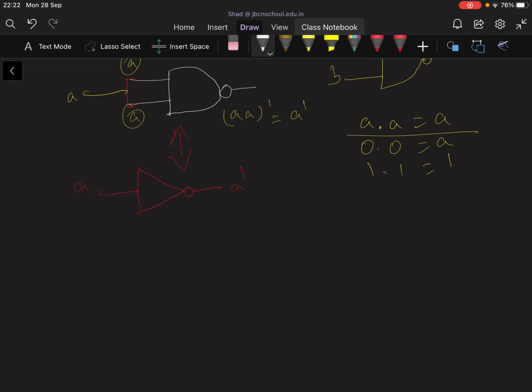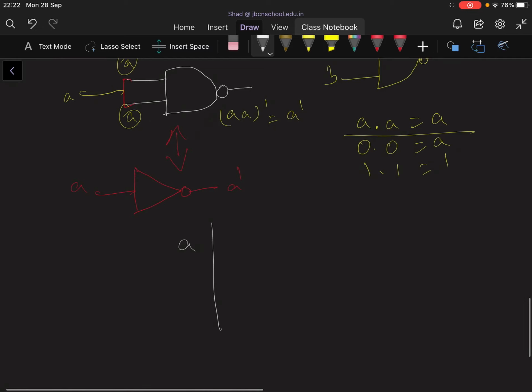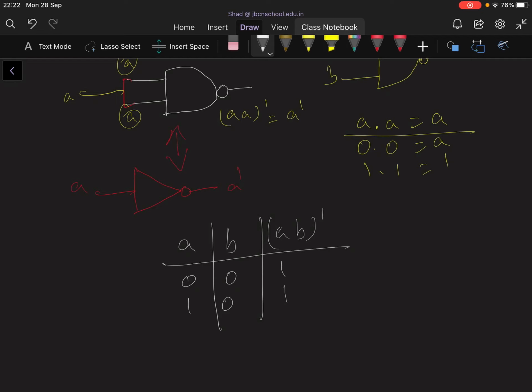A, B, AB complement: 0 0 will give you 1, and 1 0 gives 1, 0 1 gives you 1, and 1 1 will give you 0.